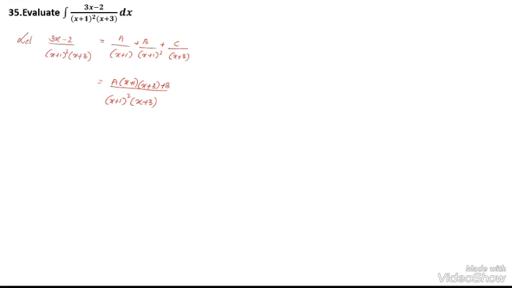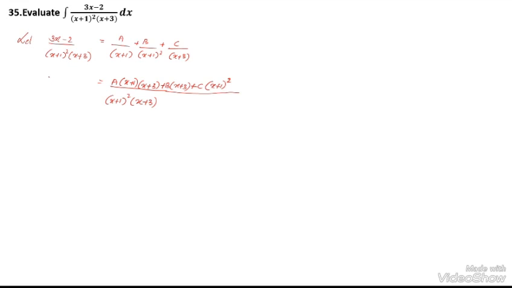Similarly, for b, we can multiply x plus 3 because (x plus 1) square is already present there. And for c, we multiply (x plus 1) square.